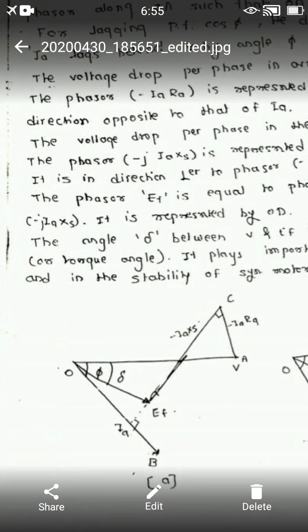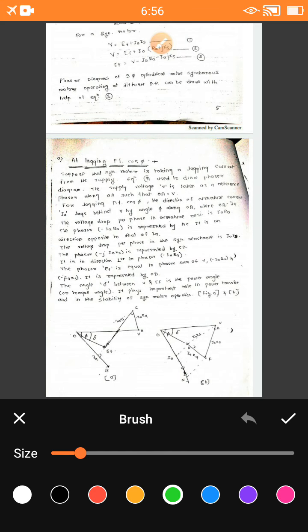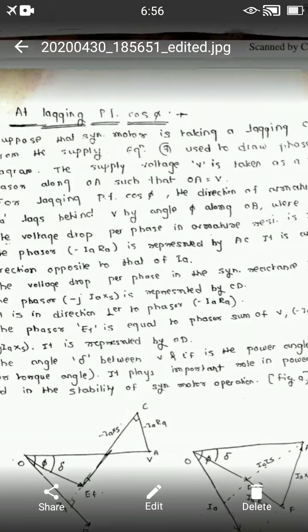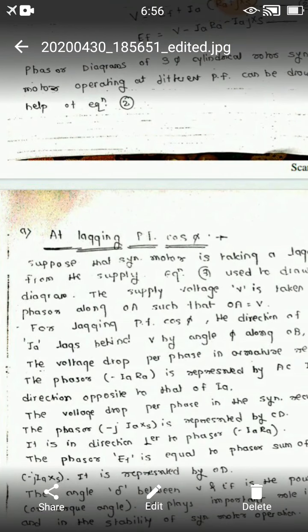In this phasor diagram, Ef is equal to the phasor sum of V minus Ia Ra and minus j Ia Xs. It is represented by the phasor OD, which is shown by the value Ef. The angle between V, the terminal voltage, and the excitation voltage is called the torque angle.